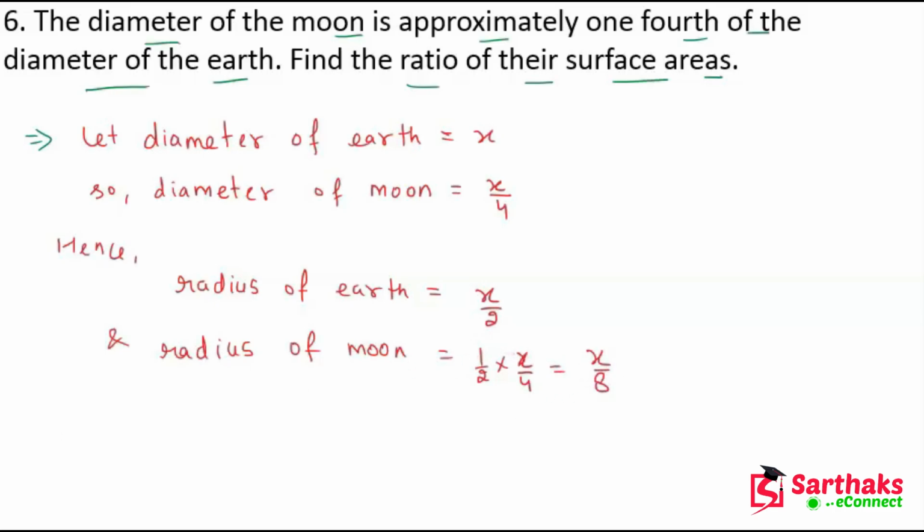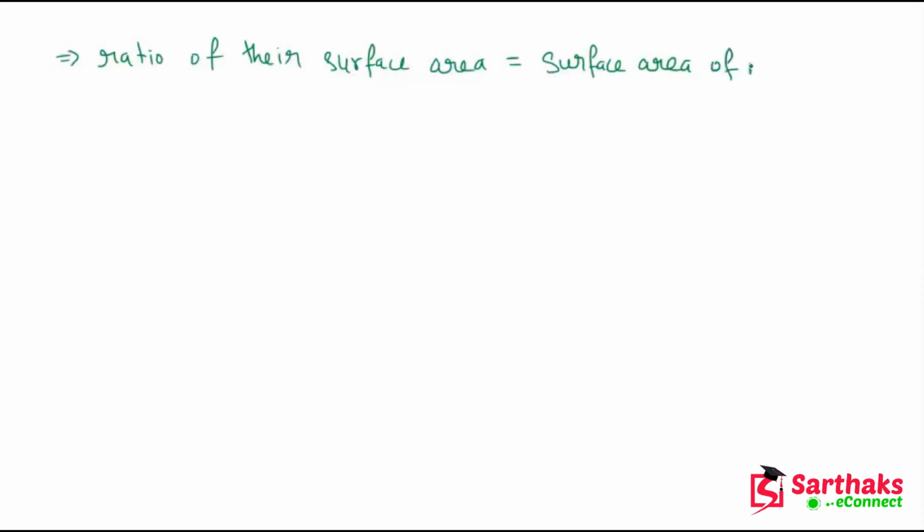Now the ratio of their surface area is equal to surface area of moon divided by surface area of earth. I hope you get this point.